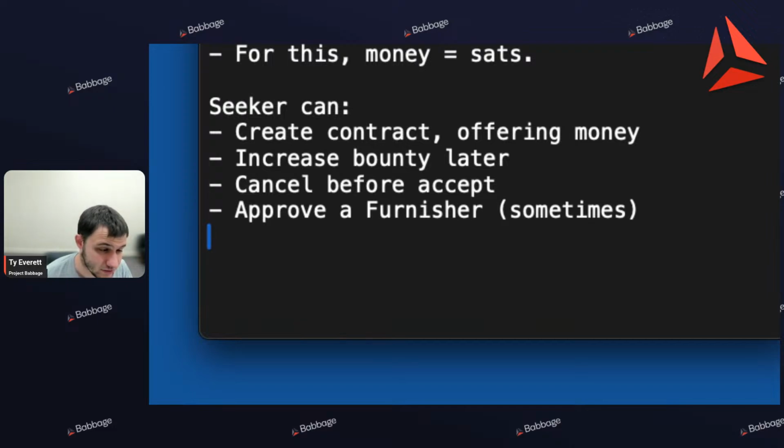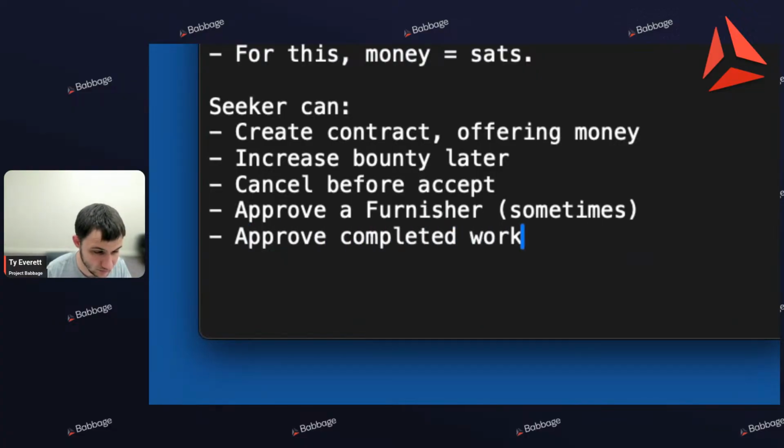As a seeker of services, I can put up the money essentially, and then what else can I do? If someone wants to work for me, I can accept it. And then I can approve completed work.